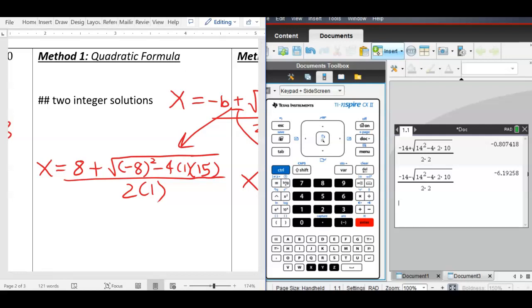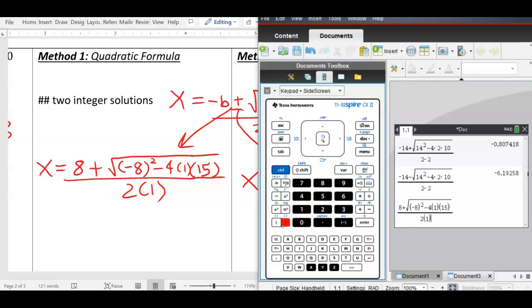How do I get a fraction? Control divide. Let's go ahead and start typing this in. 8 plus square root parentheses negative 8 squared minus 4 times a, which is 1, times c, which is 15. Go to the bottom, 2 times a, which is 1.